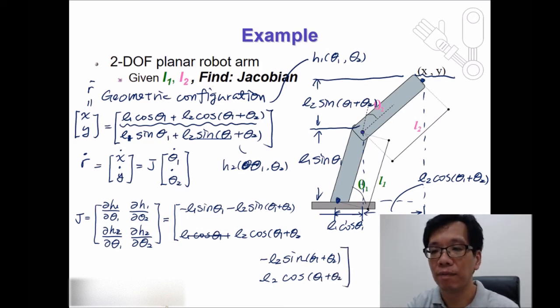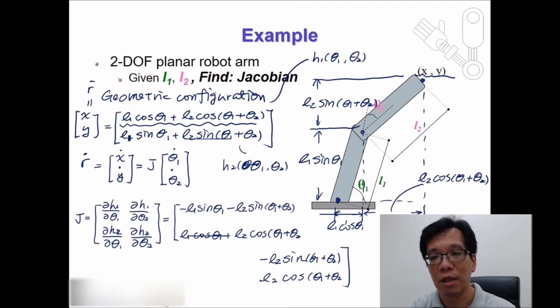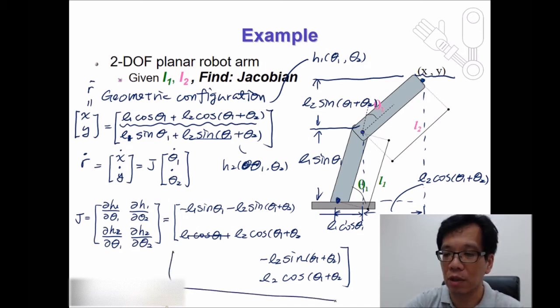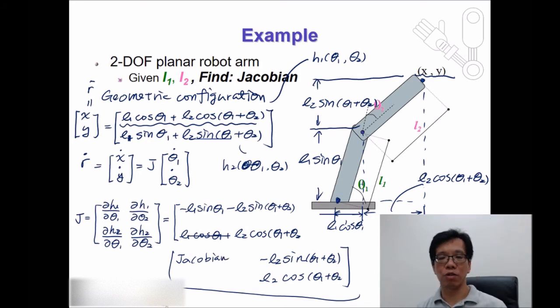We don't have those other terms in these components because those two terms only have information related to theta 1. So when we partially differentiate with respect to theta 2, they should not exist, because they have nothing to do with theta 2. So they must be 0. So this is going to be my Jacobian matrix. Should be pretty straightforward.